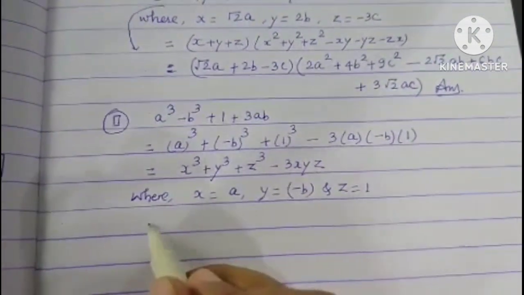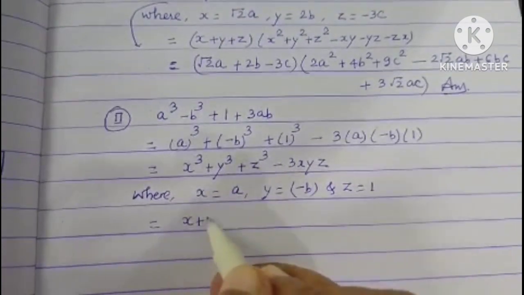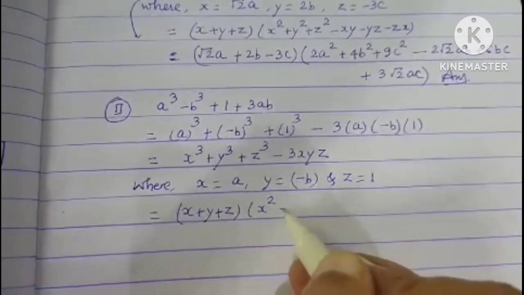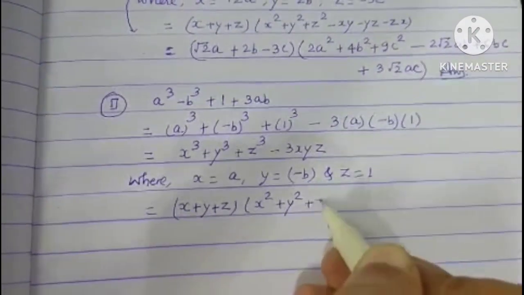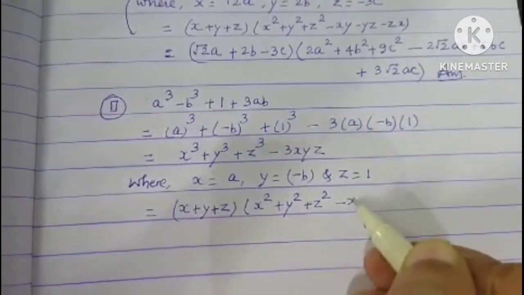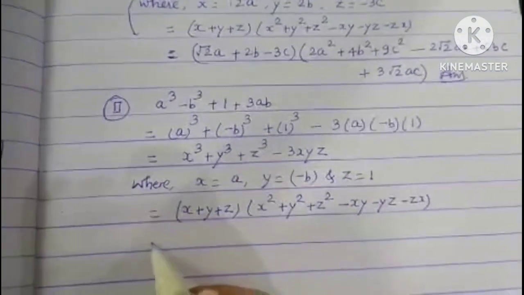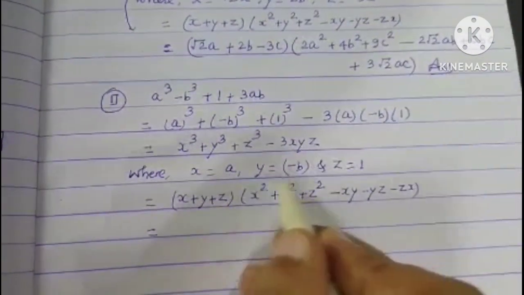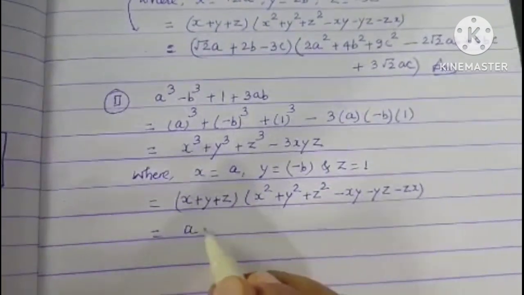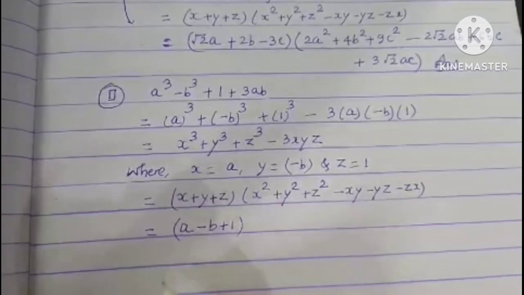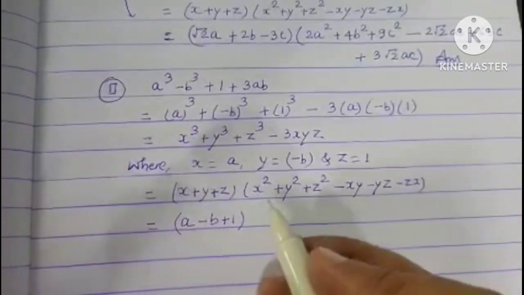Now you can factorize this. You can write this is equal to x plus y plus z, x square plus y square plus z square minus xy minus yz minus zx. You have to simply put these values. So x equal to a, y equal to minus b, z equal to 1, a minus b plus 1.